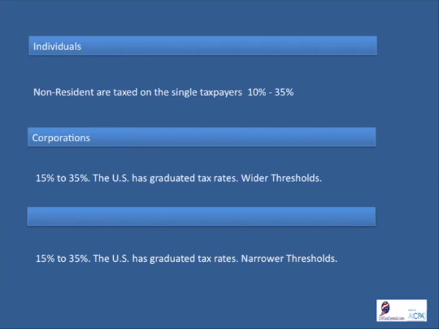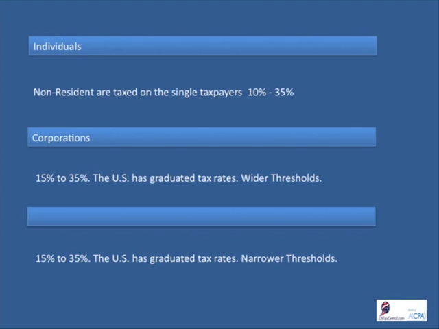With trusts, the rates also range from 15 to 35%, but trusts have narrower thresholds. So what happens is a trust quickly climbs up the ladder in terms of how much you are taxed within the trust.